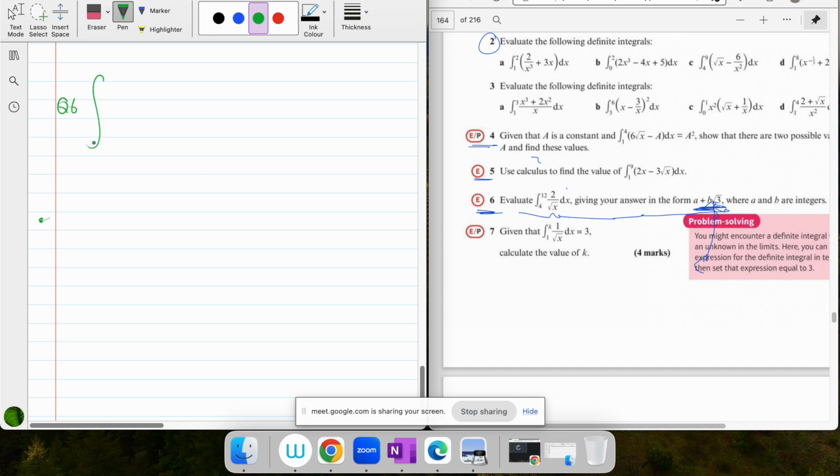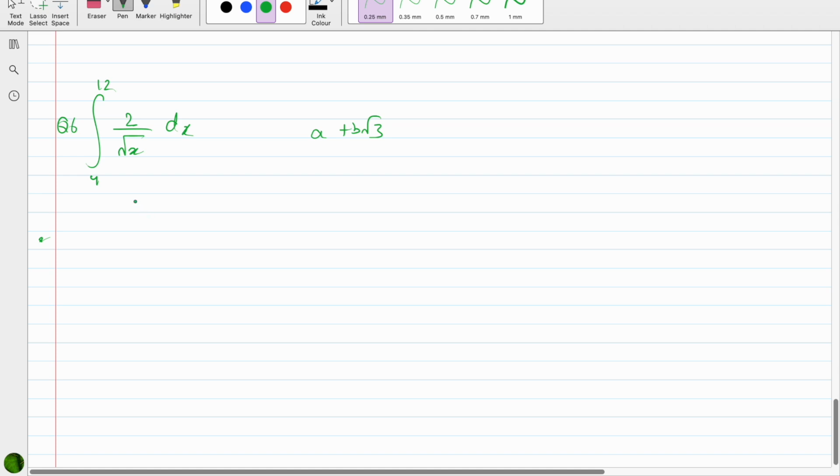Question number 6 says from 4 to 12 of 2 over square root x dx, and we have to keep the answer in the form a plus b square root 3. So we write it as 2x raised to the power negative 1 by 2 first, dx, from 4 to 12. So integration: 2x power plus 1 makes it 1 by 2, divided by the new power, from 4 to 12.